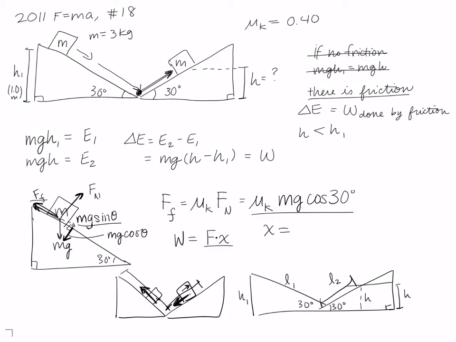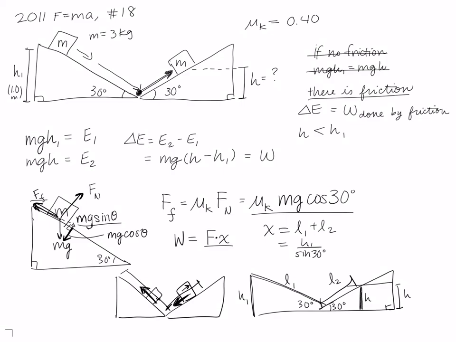So we have that x is simply equal to L1 plus L2. Sine of 30 degrees is h1 over L1, so we find that L1 is just h1 over sine of 30 degrees.